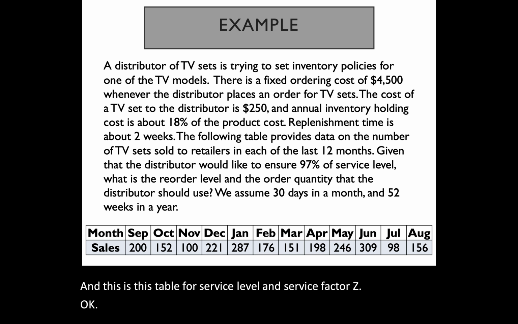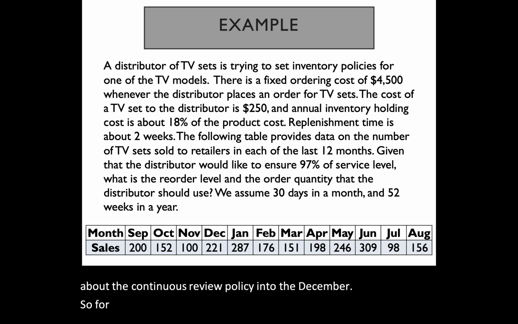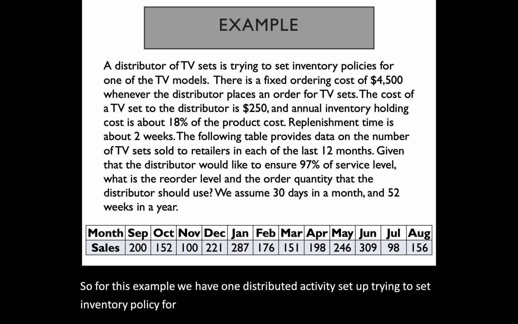Okay, so the last part of this week is to apply what we have learned about the continuous review policy to this example. For this example, we have one distributor of TV sets trying to set inventory policy for one of his TV models.